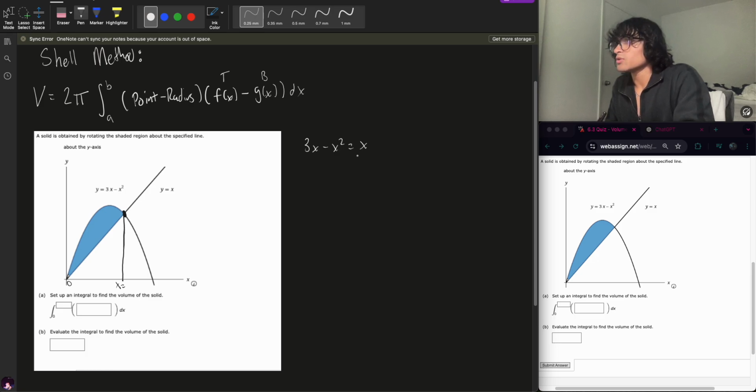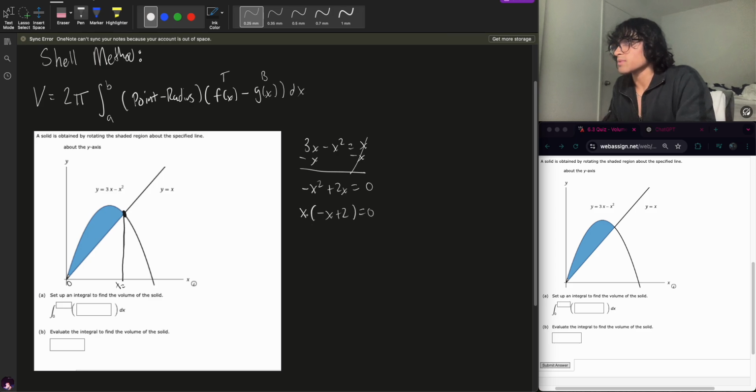So we can move x over to this side, minus x, and this will give us negative x squared plus 2x equals 0. Then we want to factor an x out, so we'll have x times negative x plus 2 equals 0. So now we can solve.